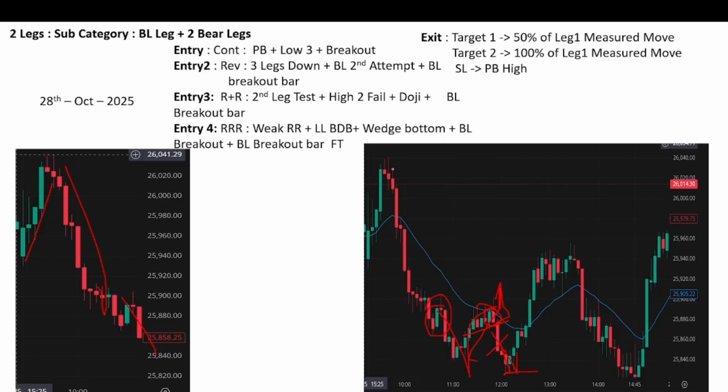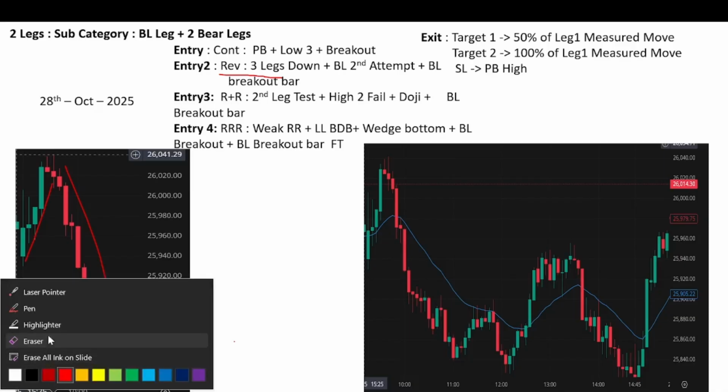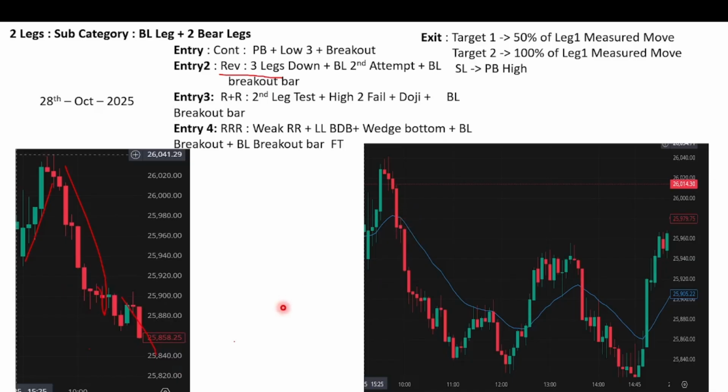So the second entry will be reversal. 3 legs down, 1, 2 and 3, and here you will enter on the bulls' second attempt to go higher.